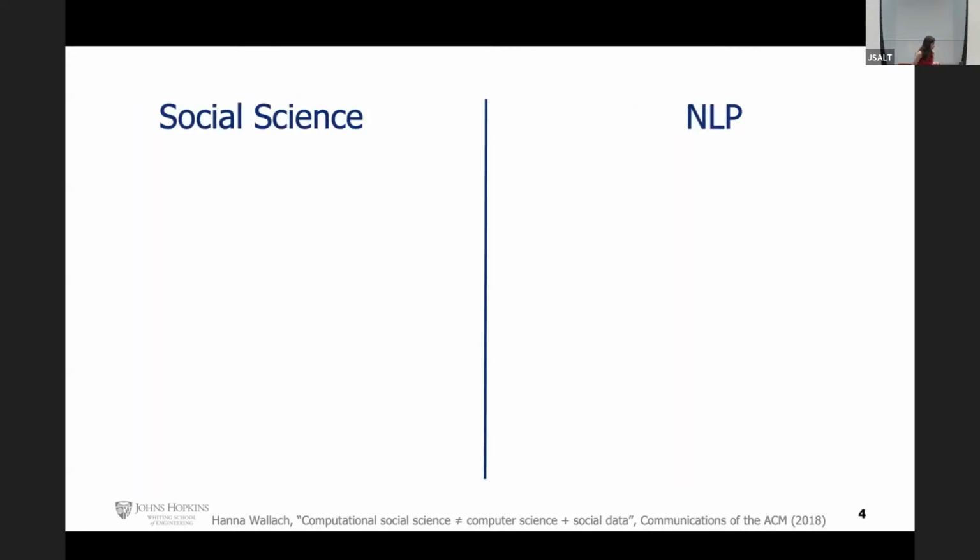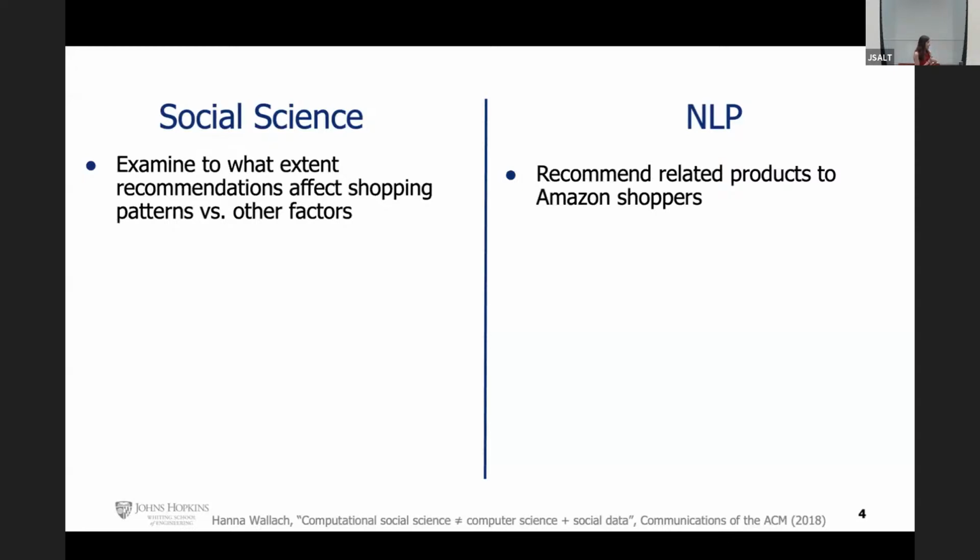So why am I spending some time on this? Well, when we think about a lot of the more classic NLP problems and the way that we might think about these problems from more of a social science perspective or more of an analysis-driven perspective, you'll see some differences. So I'll do this by giving a couple of examples.